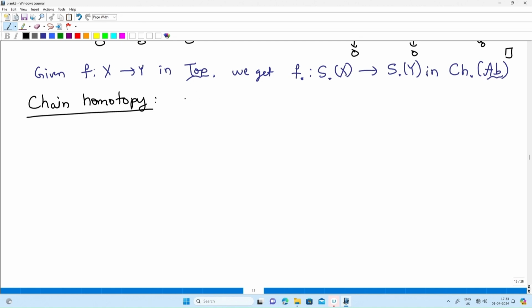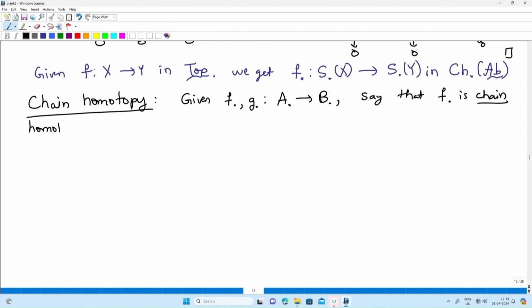So given f dot, g dot from A dot to B dot, we say that f dot is chain homotopic to g dot, written with that same notation as homotopy.